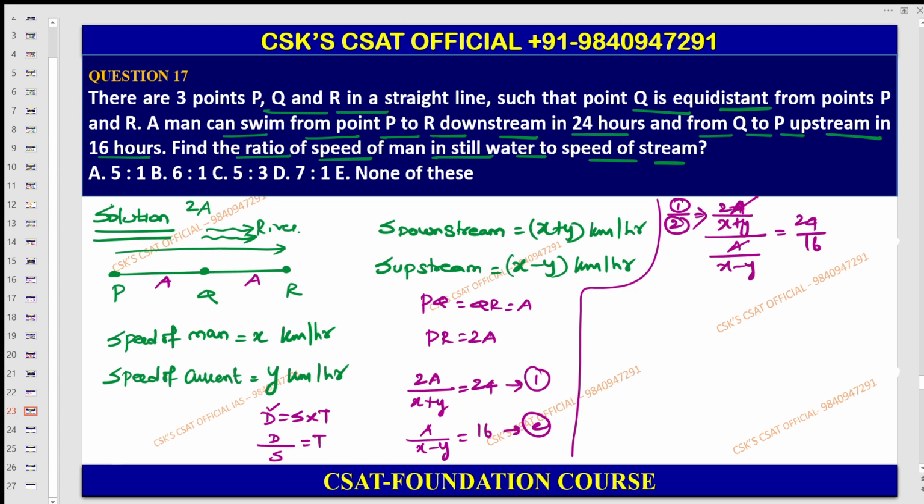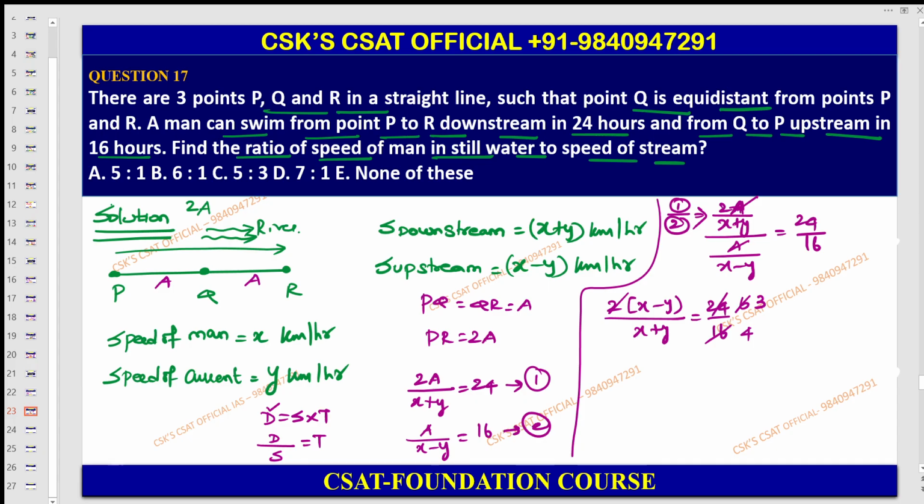Now a and a get cancelled, and taking the reciprocal, 2 into x minus y by x plus y is equal to 24 by 16. Now with the 4 table you can cancel this here, and further you can cancel this one, so 3 here.